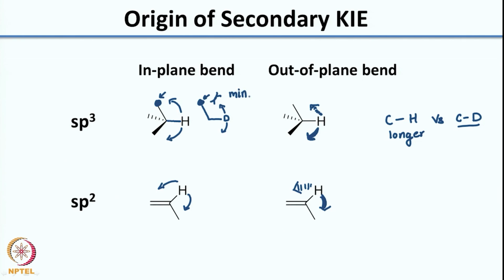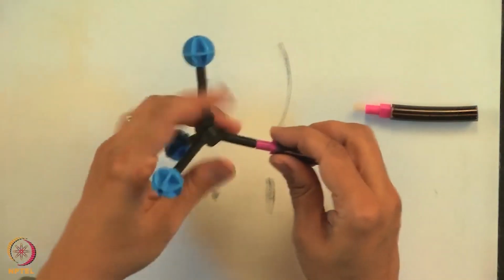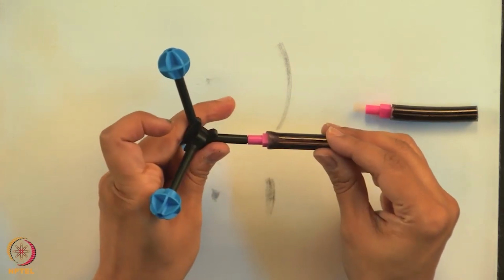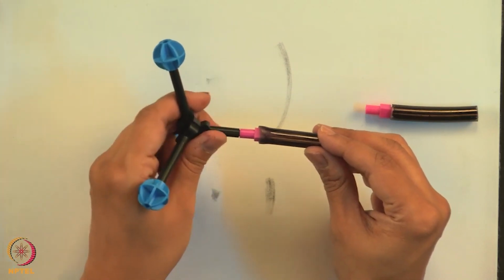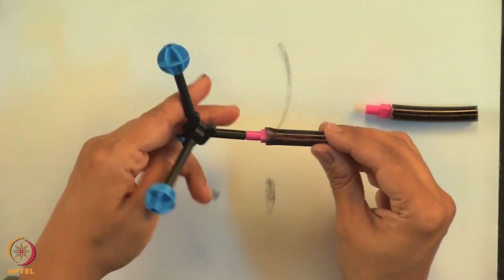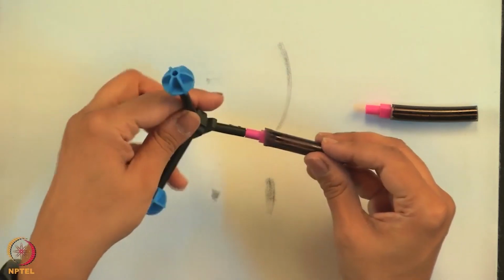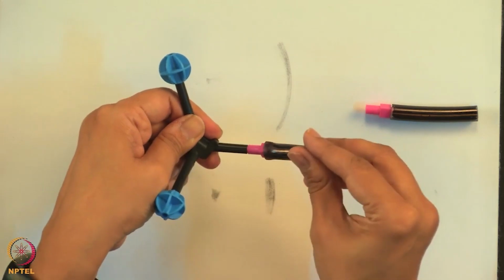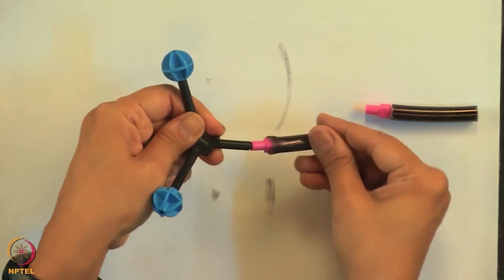Alright. So now let us look at the out of plane bend. So in the case of an out of plane bend, now we will start with CD. What I will be doing here is, I will be moving this up and down.